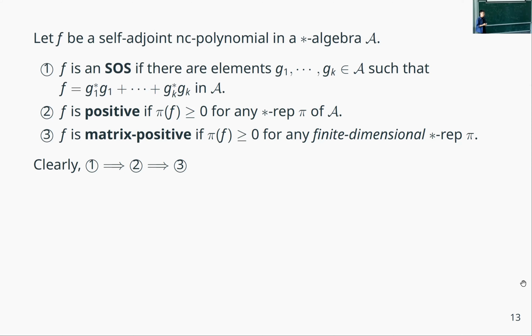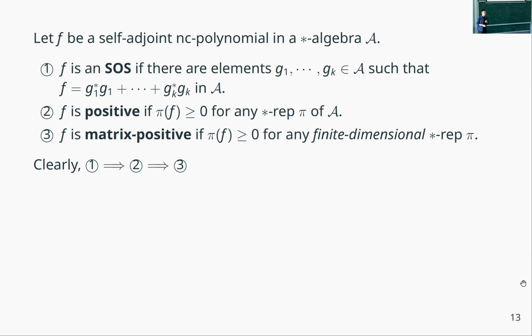So clearly, sum of squares implies positivity, which implies matrix positivity. If a polynomial can be written as a sum of Hermitian squares, then plugging in any operators, it is always a positive operator. And if you are positive, meaning positive in all representations, then since finite dimensional representations are a subclass of the class of all representations, of course you are positive when plugging in matrices.